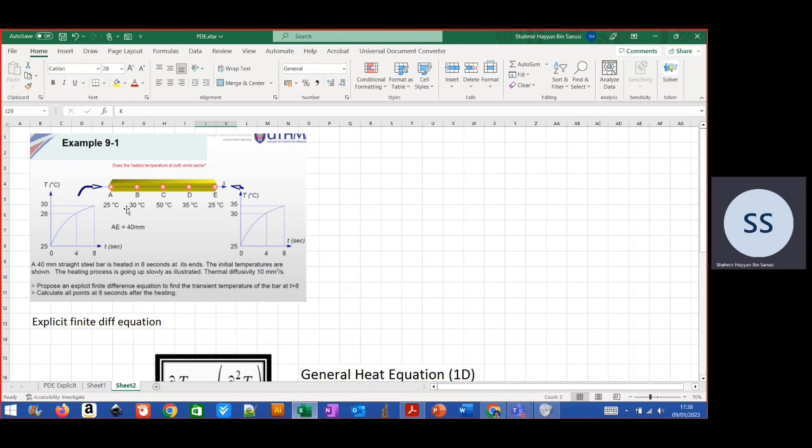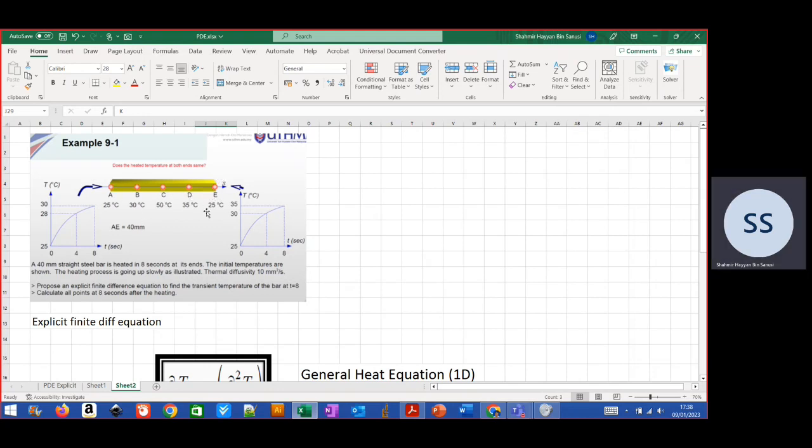If you read the question carefully, it mentioned that AE is equal to 40 millimeters. It is divided into 4 divisions, which are AB, BC, CD, and DE. And this is distributed equally, whereby the distance of AB is equal to BC, equal to CD, and equal to DE.